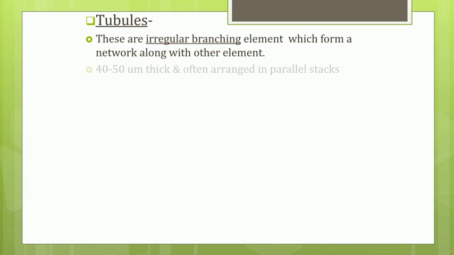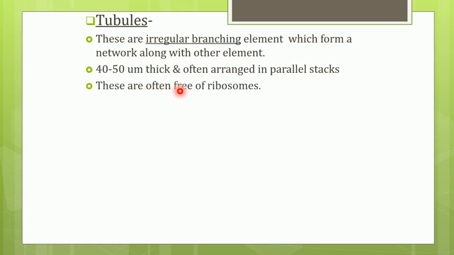Their diameter is very small, 40 to 50 micron thickness, and they are also arranged in a parallel stack-like structure. They are often free of ribosomes. That means tubules mostly do not have ribosomes on their surface. That's why they appear smooth, called smooth endoplasmic reticulum.